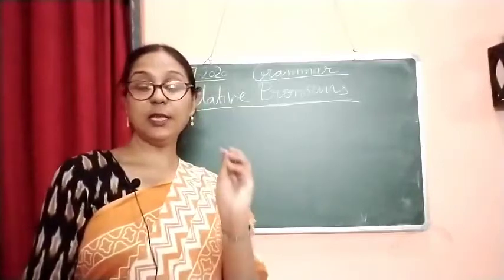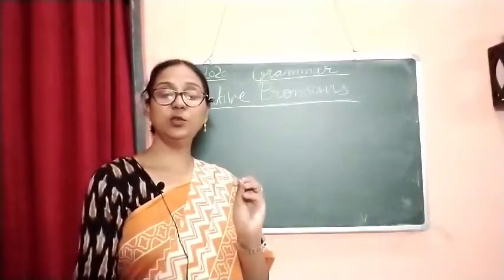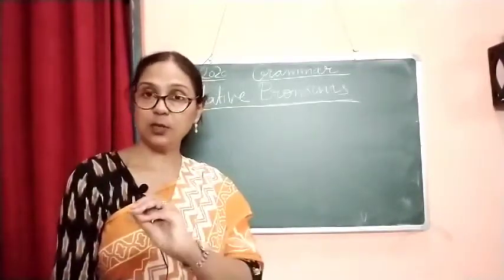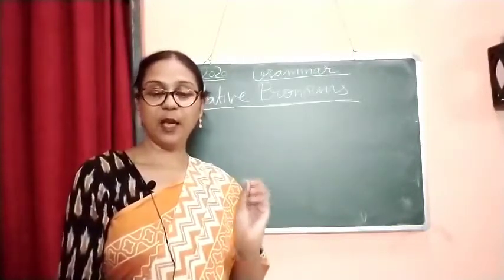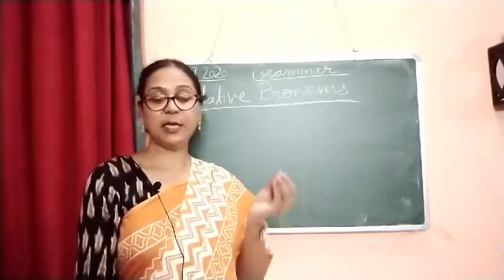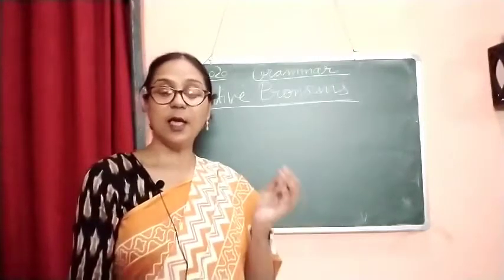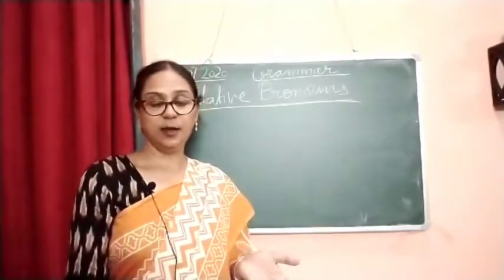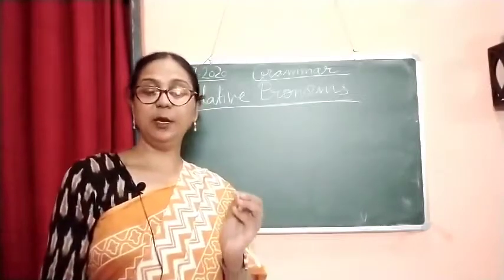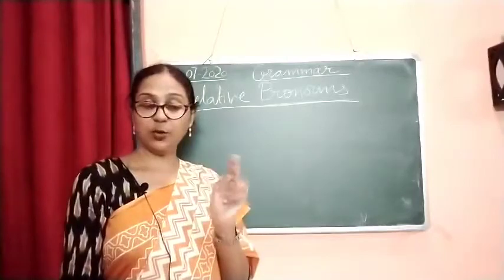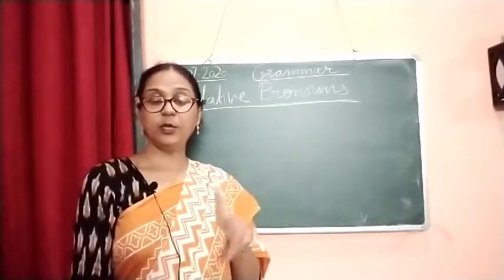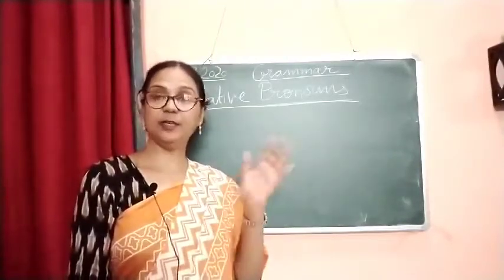Relative pronoun is one which is used to refer to nouns mentioned previously. Whether they are people, places, things, animals, or ideas, relative pronouns can be used to join the sentence. It shows or refers to nouns mentioned previously.